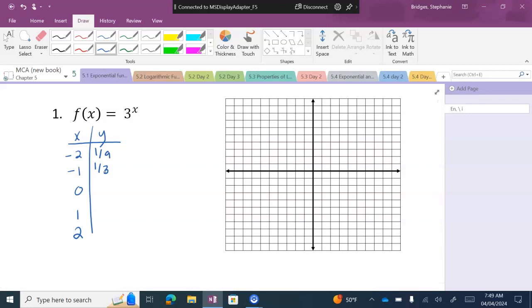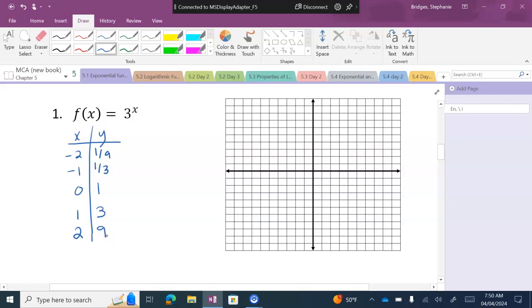If I plug in 0, what is 3 to the 0 power? Anything to the 0 power is 1. And then we'll plug in 1. 3 to the first power is 3. And then 3 to the second power is 9.